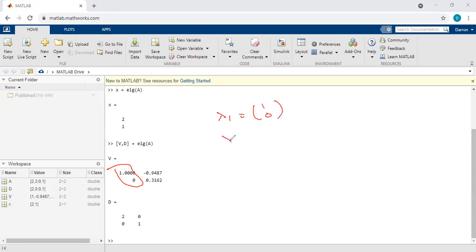The next eigenvector that you have there says 0.9487 and 0.3162. But if you recall, our eigenvector was -3, 1. It's just the same vector, simplified.